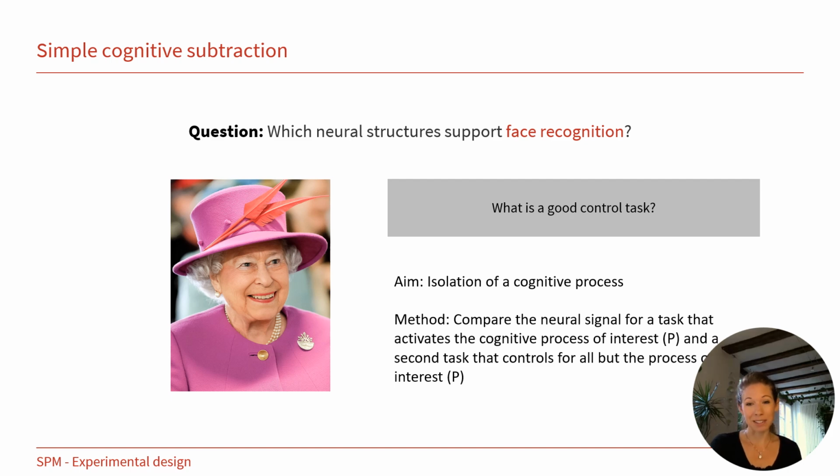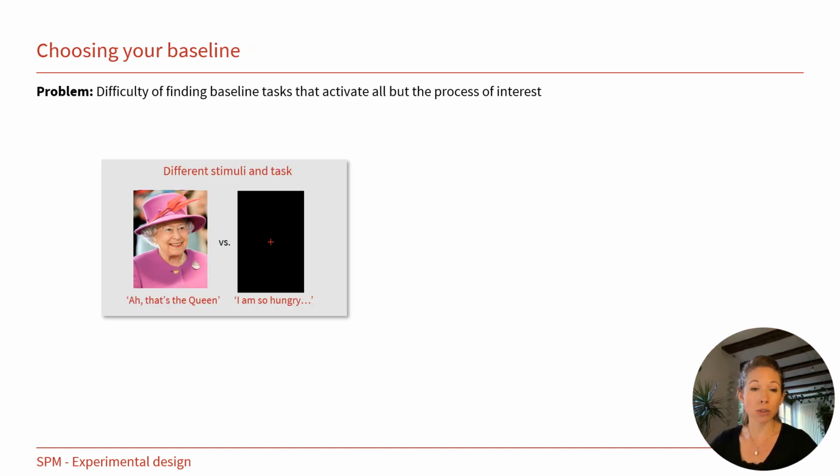So the first is the question of what is a good control condition, and you will see that this is not trivial at all. Let's now use this example here. Let's say we're interested in face recognition as our process of interest. So what would be a good control condition in order to isolate brain regions related to face recognition?